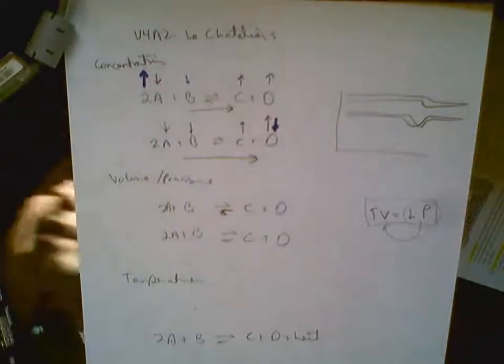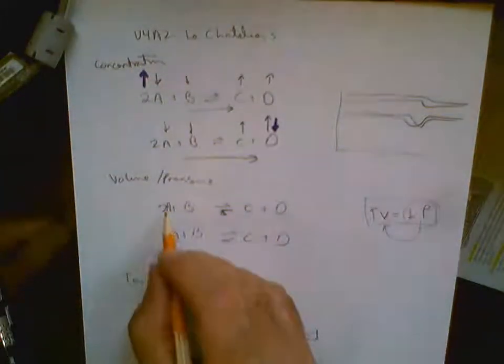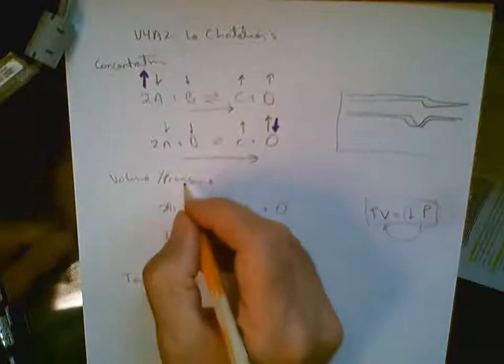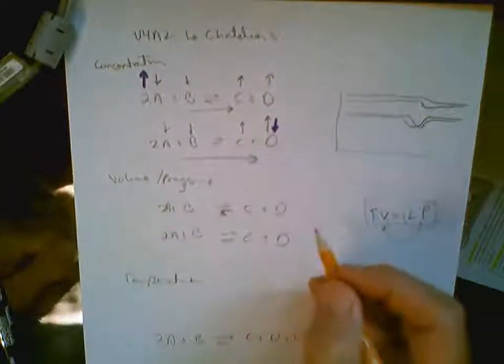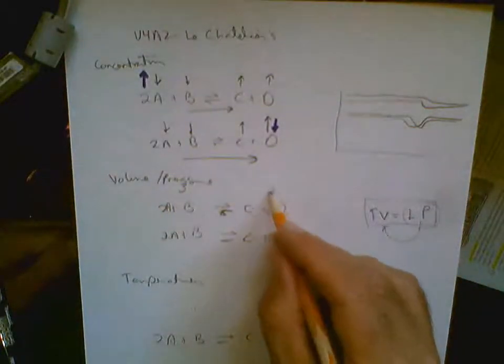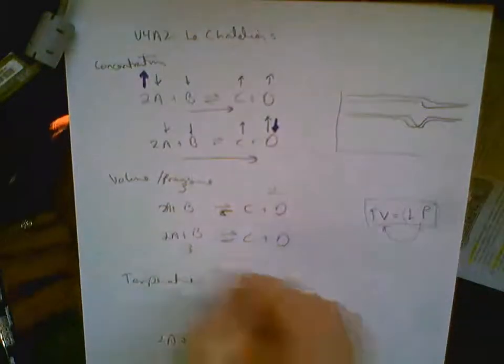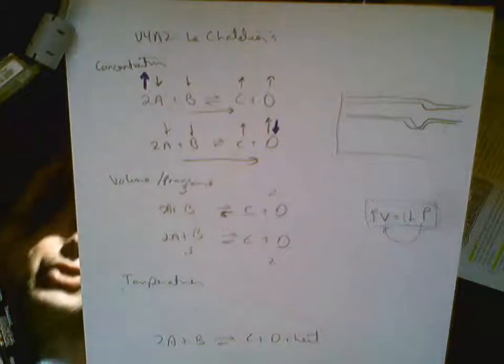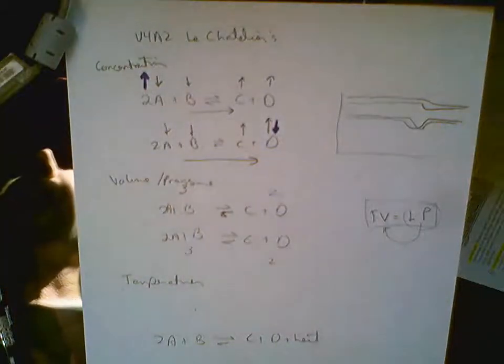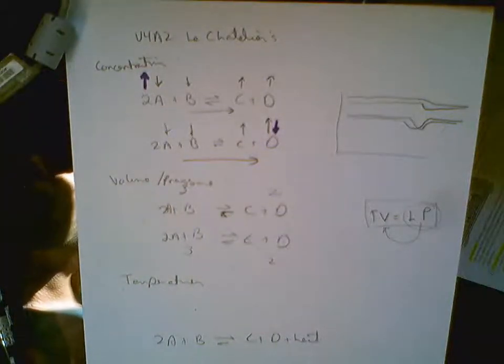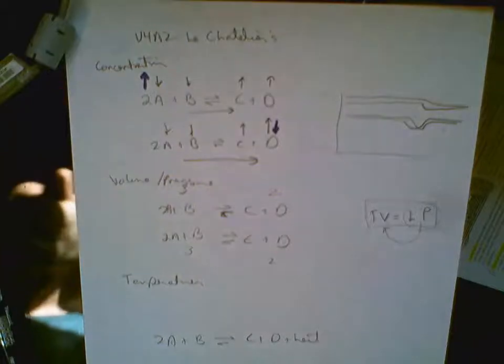Next thing, count your numbers on each side. On this side, we have 2 plus 1 is 3. On this side, we have 1 plus 1 is 2. Same thing here. 2 plus 1 is 3. 1 plus 1 is 2. Hey, the bigger the volume, we're going to favor the side with more people in it.